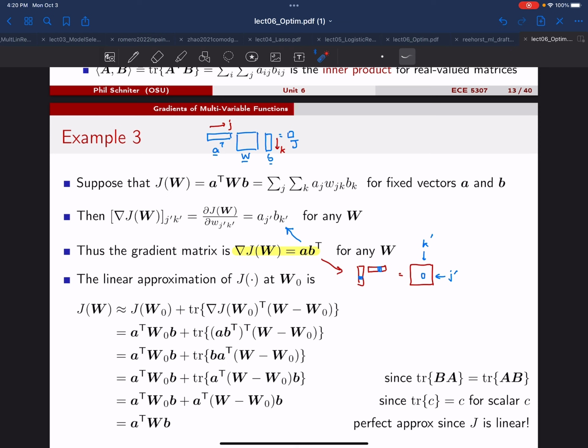Now we can use this really nice property of the trace: anytime you have the trace of a product, you can swap the order of B and A, so the trace of BA equals the trace of AB. As you know, you can't usually do this with matrices. If the trace wasn't there, you can't swap the order and say it's the same thing. But when the trace is there, you can. So that's what's cool about the trace.